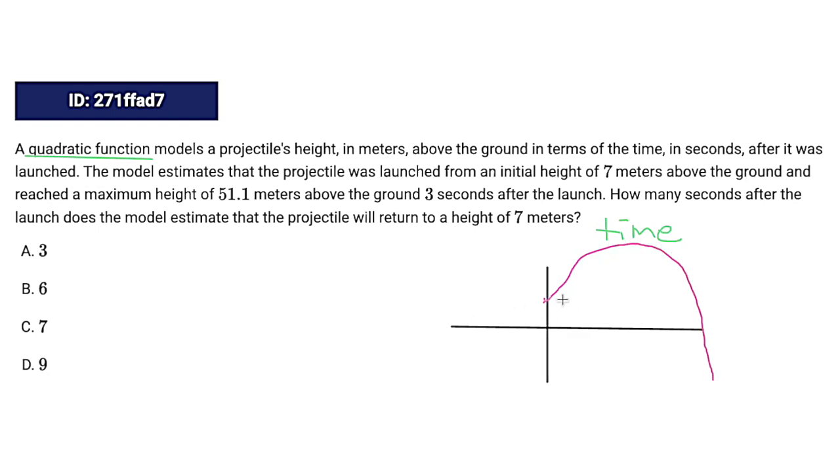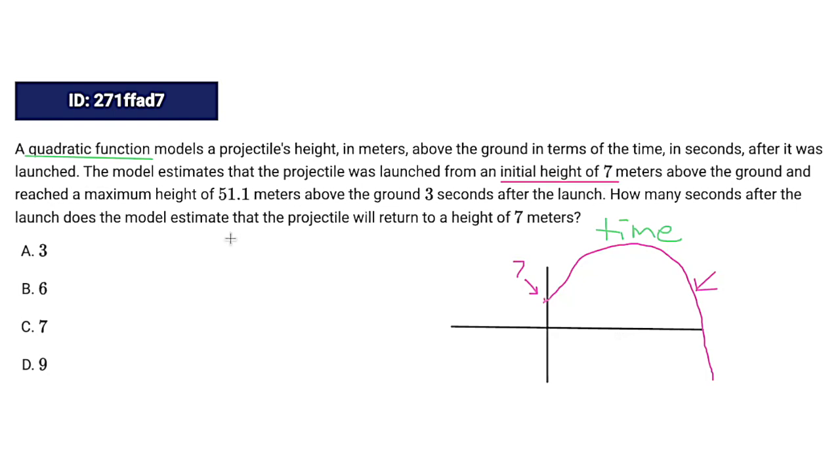So this is kind of what we're looking at. It also says it starts with an initial height of 7. So we could say that our y-intercept here is 7. It's going up into the air. And we're trying to figure out not what the x-intercept is, but rather when does it get back to that height of 7, right? Okay, so in a nutshell, that's what we're dealing with.